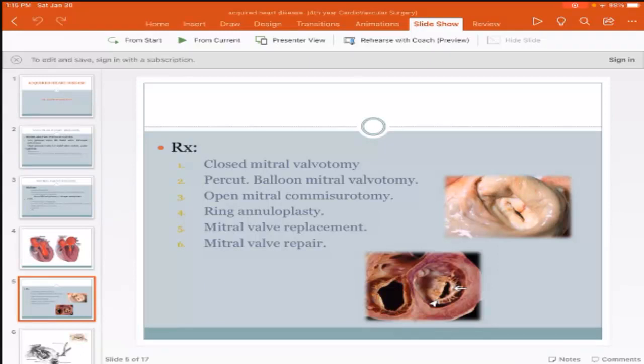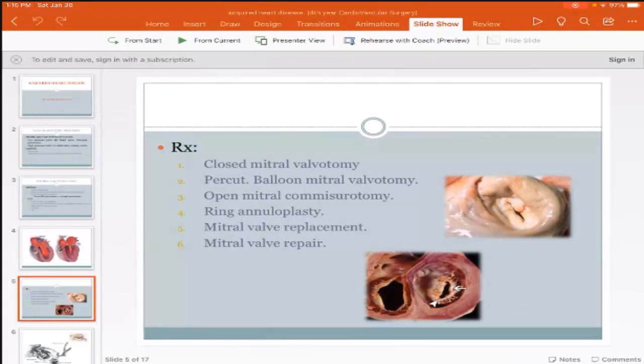Now, when we do an open mitral commissurectomy, we always do it at a young age, especially in females of pregnancy age, to prevent any complication of anticoagulants or a valve, whether it will be a mechanical valve or a tissue valve when it needs replacement.